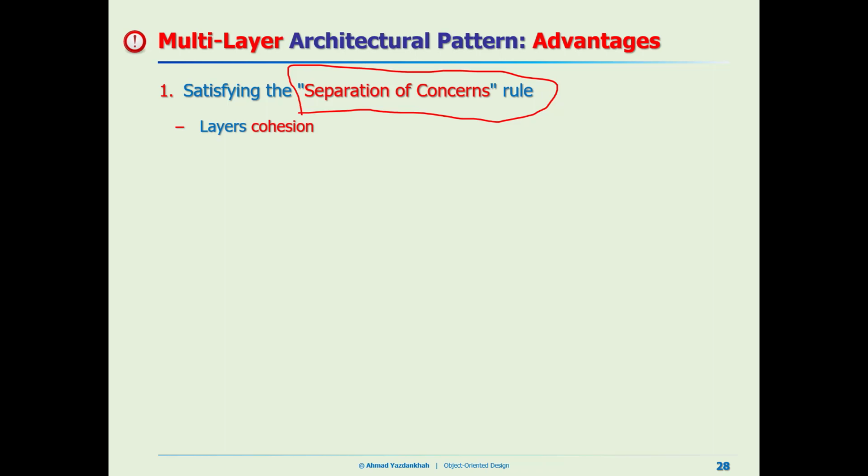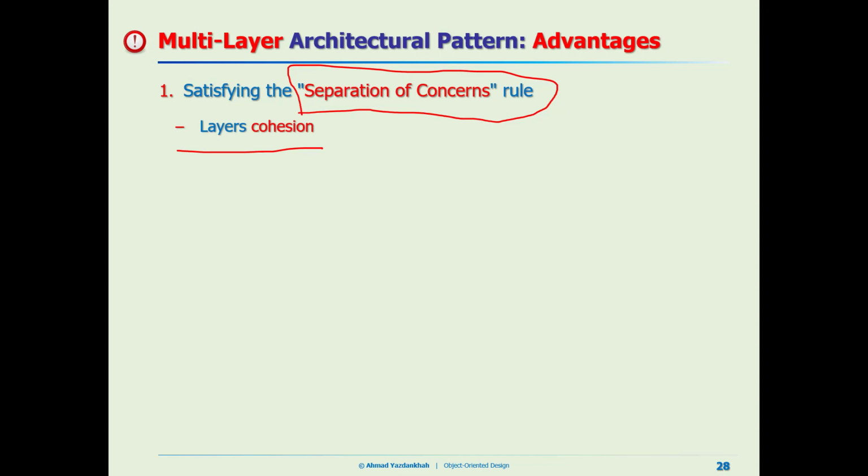Each layer should have the cohesion feature. What does it mean? It means that all of the components a layer needs, you should provide inside that layer. So that layer actually is a black box that just provides some services.